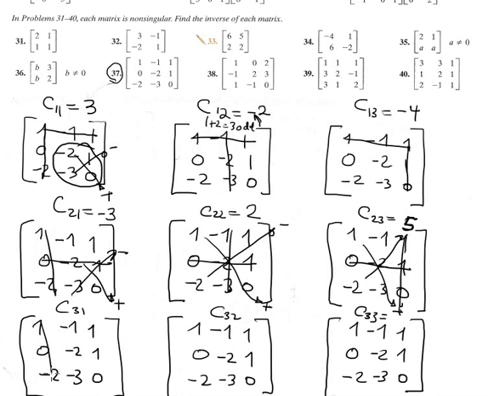Now 3, 1. This is my determinant. It's plus here and minus here. So negative 1 and positive 2 is 1 positive, but the sign is positive because 3, 1 is positive. It's 1.